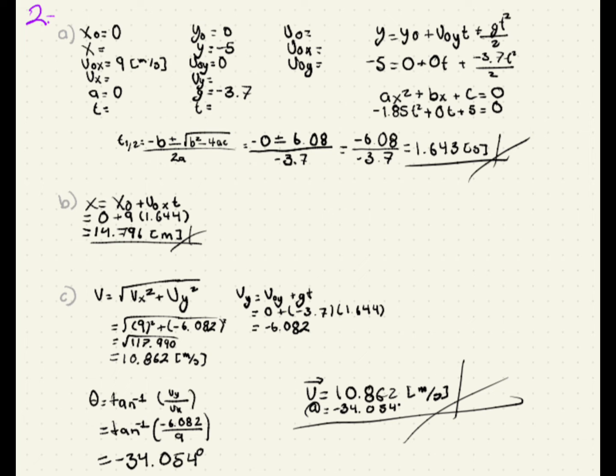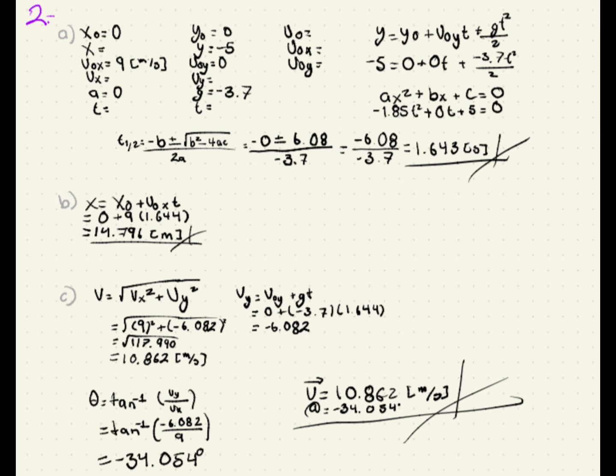To obtain the final velocity, we need the formula v equals the square root of vx squared plus vy squared. vx is the same as v0x, which is 9 meters per second, but we don't have vy, so we need the formula vy equals v0y plus gt. We substitute and vy equals 0 plus negative 3.7 times 1.644, and the result is negative 6.82.